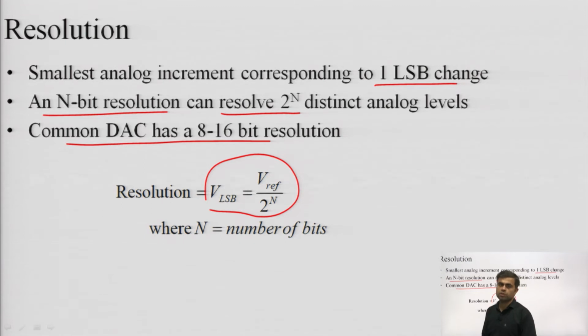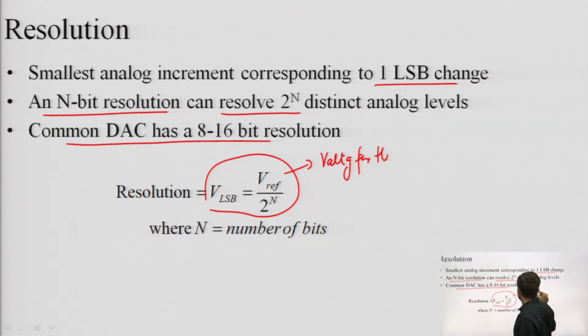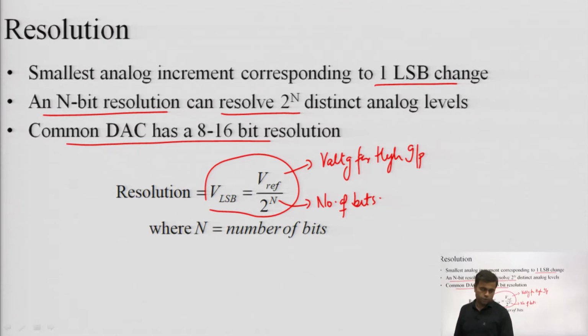Vref is the reference voltage, which is the voltage for a high input, since 1 means high. And n is the number of bits. So this is the formula for resolution.